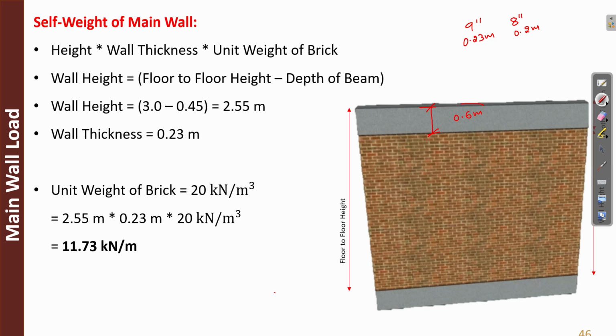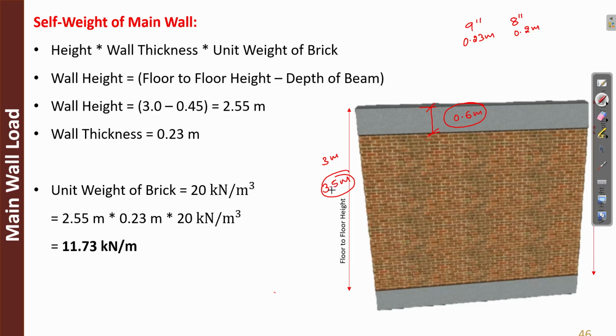Assume you are using a beam size of 0.6 meter, and in your case floor to floor height is 3.5. In your design for residential building, floor to floor height is 3 meter. Assume you are designing other than residential, any public building.